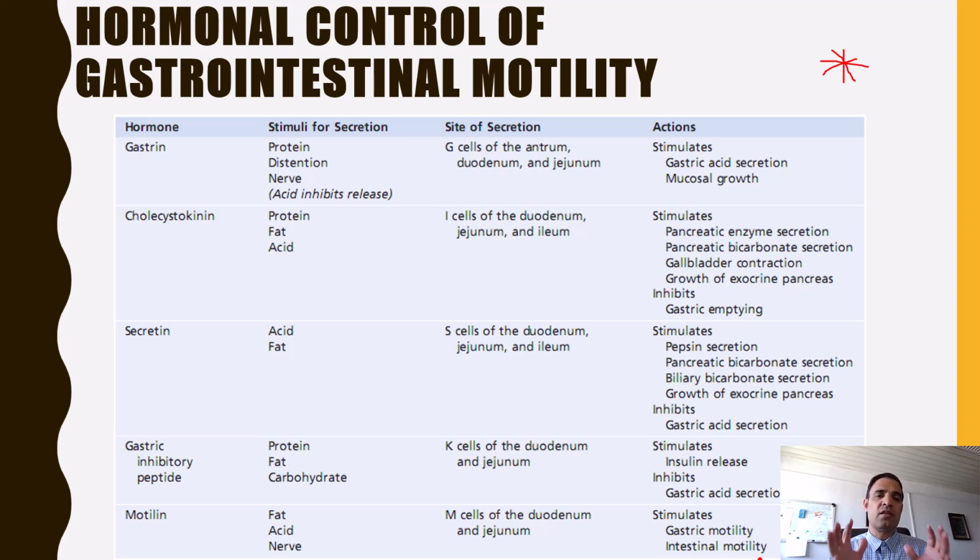As a summary, in this part I told you about the regulatory mechanisms that we have in the GI system: nervous system, endocrine part, paracrine regulation, and brought you some examples of the hormones.